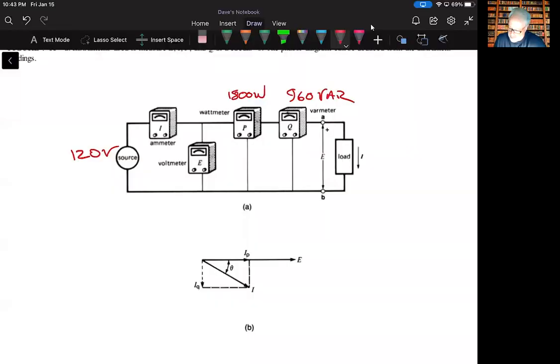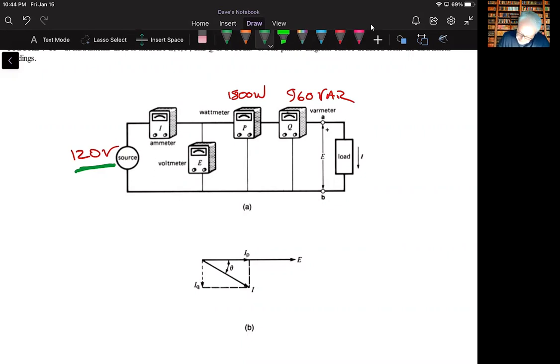So let's look at what this looks like. I went ahead and set this up for us, and I put the values that he's given from example 7.5. In 7.5, he says that a wattmeter and a VAR meter are connected to a 120 volt single phase line. Everything we're talking about right now is single phase, but in the next chapter we're going to do three phase power.